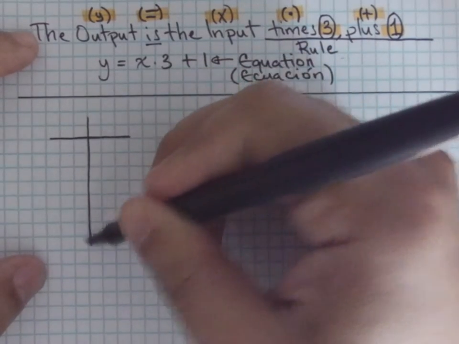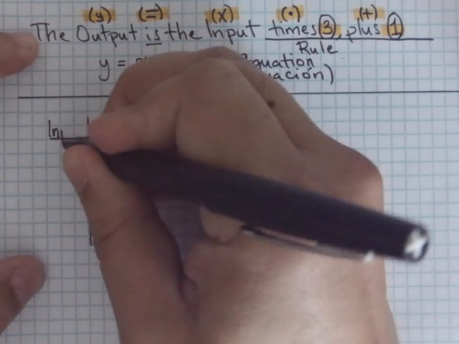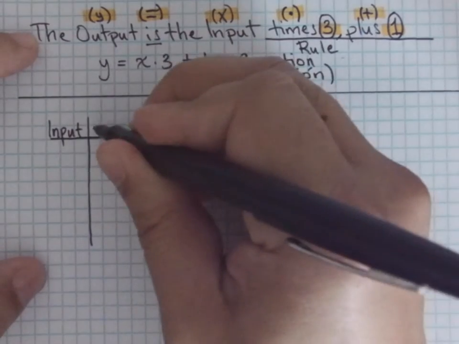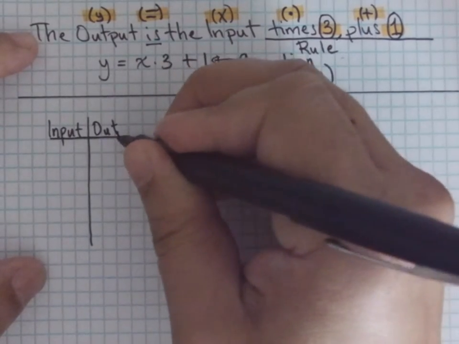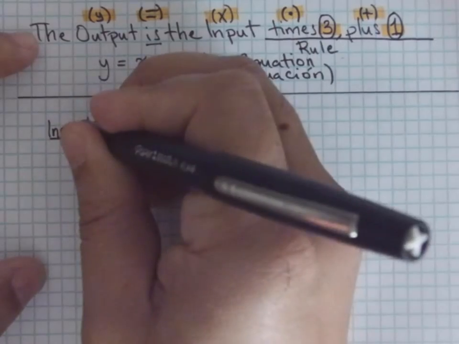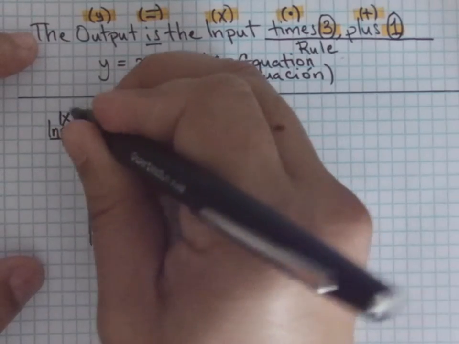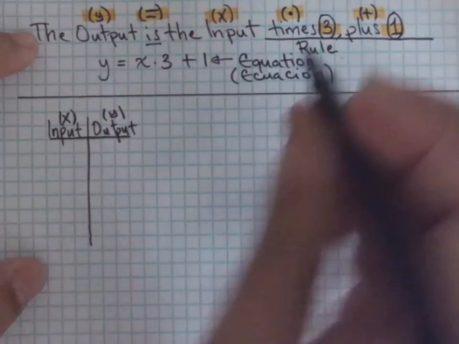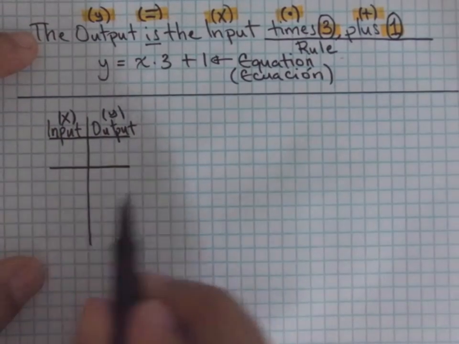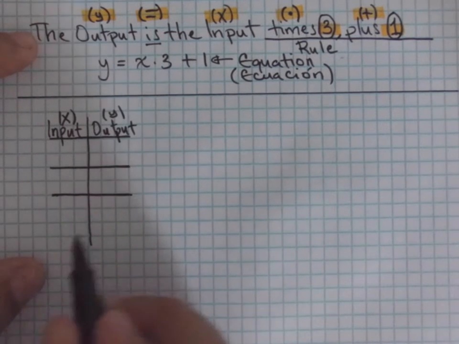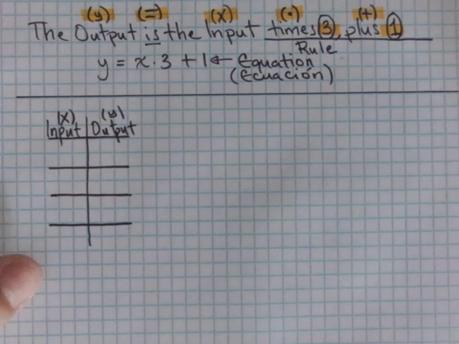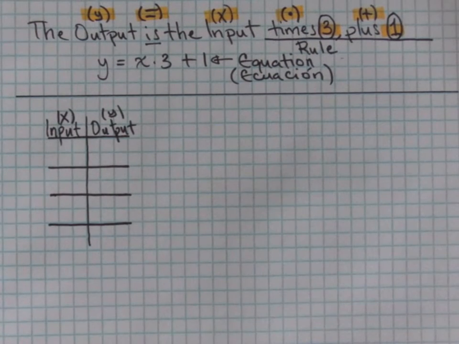I do my T-chart. This is still input. This is still output. This is X. This is Y. And 3 numbers to start with. I still want to start with 3 numbers.